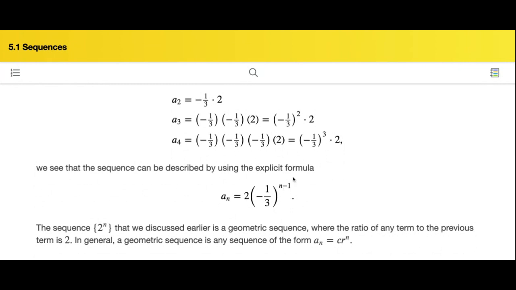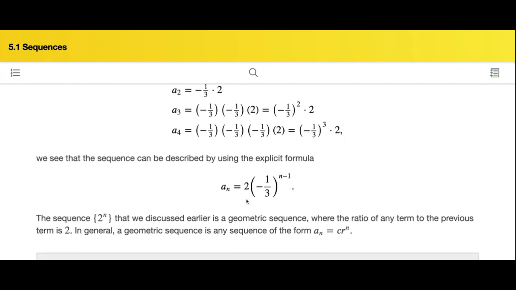So what kind of function? An exponential function, right? We can write an as f of n, f of n equals 2 times negative 1/3 raised to n minus 1. Exponential function.